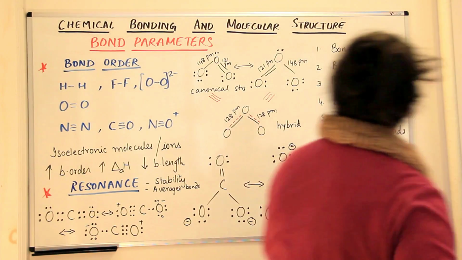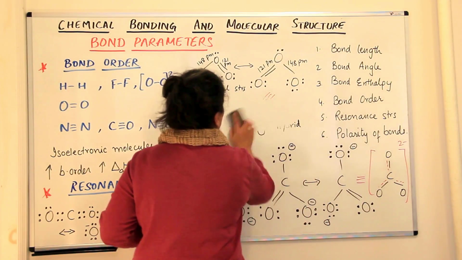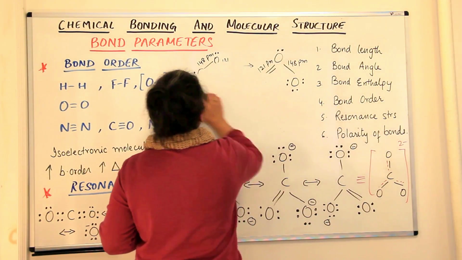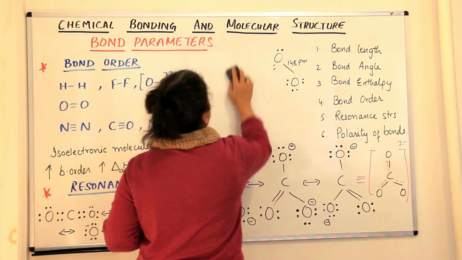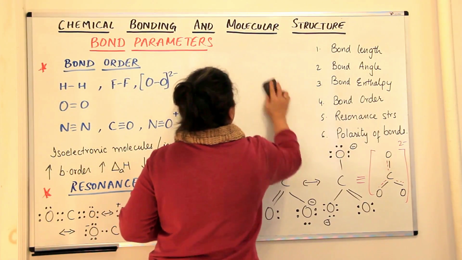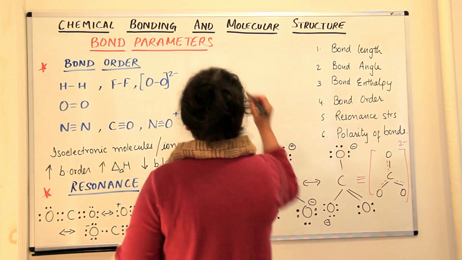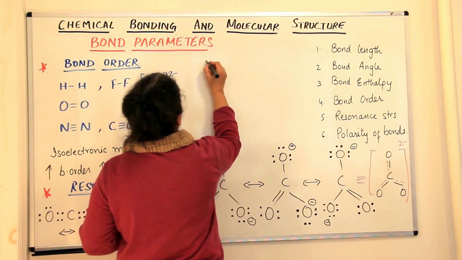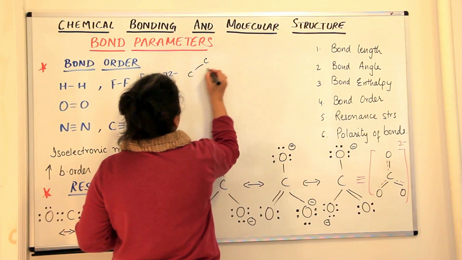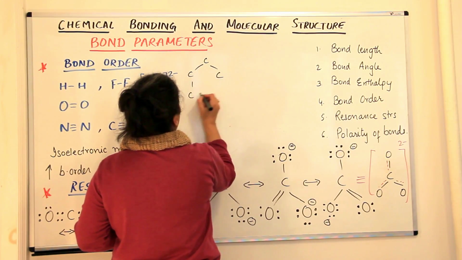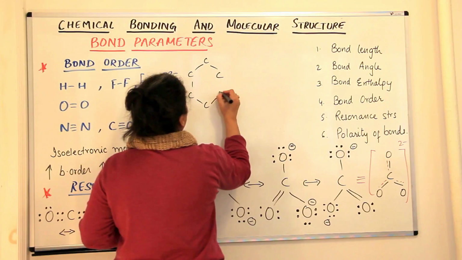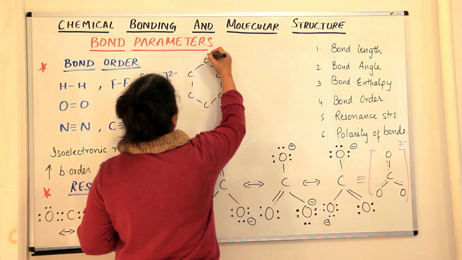One more resonance molecule that you will commonly study in organic chemistry is benzene. Benzene is a cyclic 6 carbon molecule. 1, 2, 3, 4, 5 and 6, right?